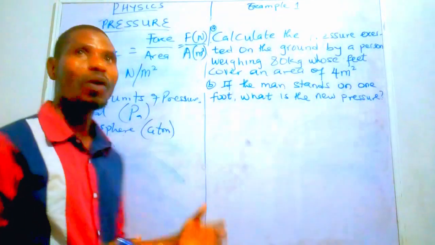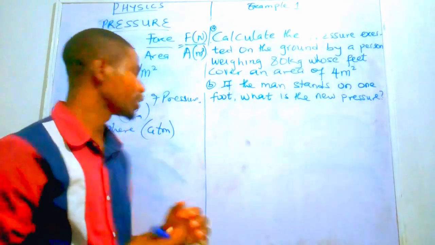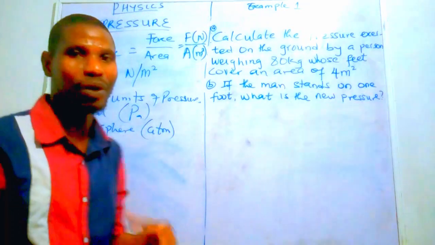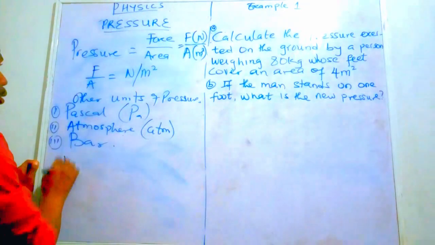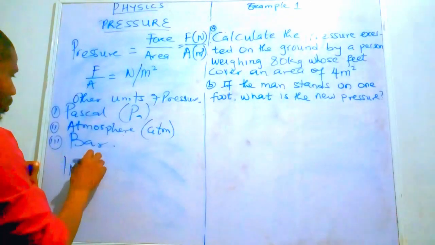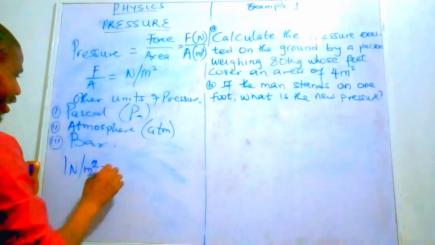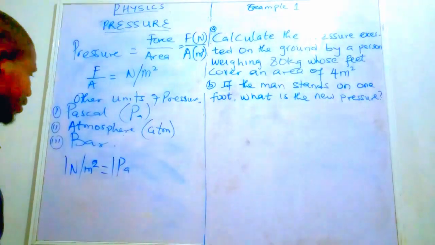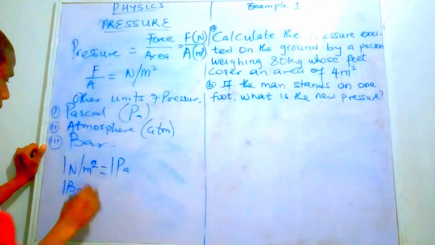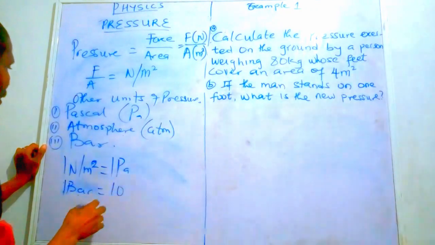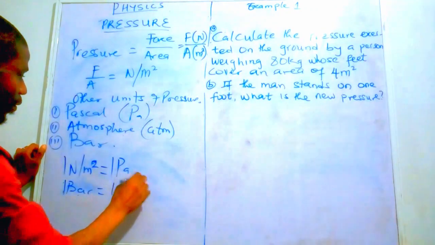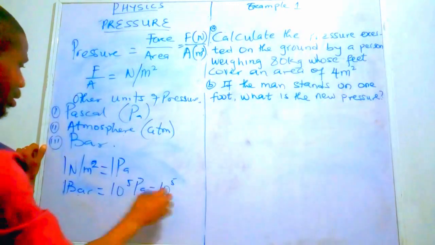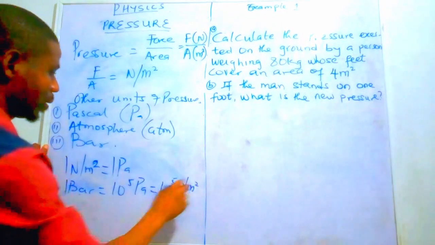So now, before we proceed, let's look at the relationship between these units of pressure. Now, 1 Newton per meter square is equal to 1 Pascal. 1 bar is equal to 10 raised to power 5 Pascal, which is equal to 10 raised to power 5 Newton per meter square.